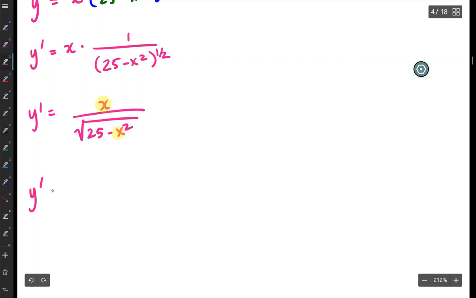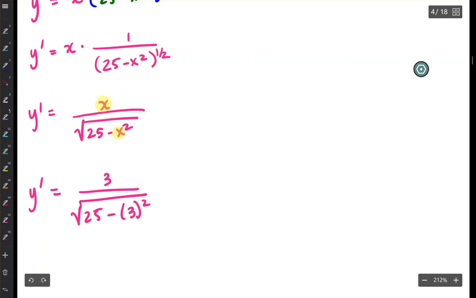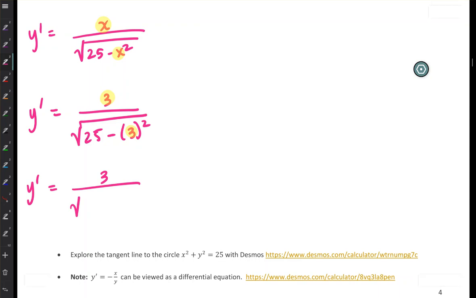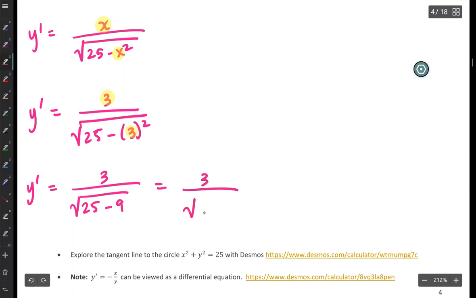Almost done here. y prime is 3 all over the square root of 25 minus 3 squared. y prime is equal to 3 all over the square root of 25 minus 9, which is the square root of 16, which is 3/4.